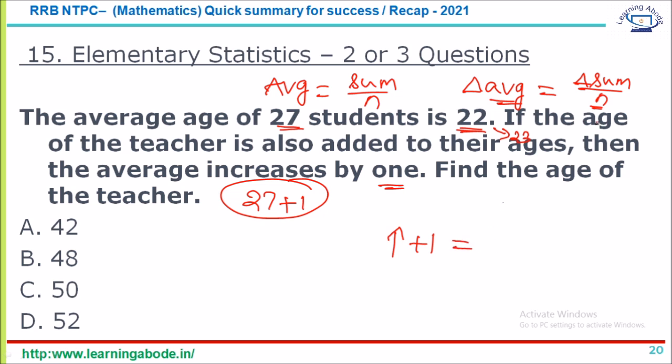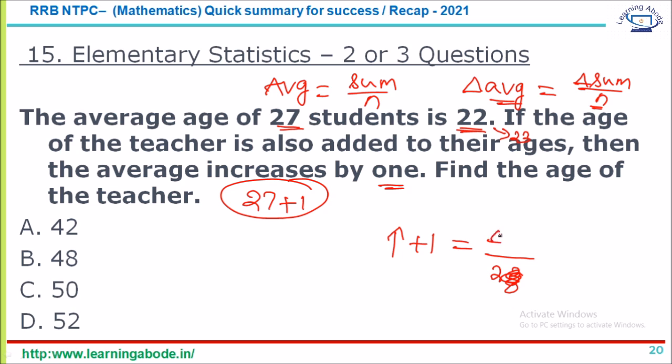And what is n? I'm sorry, n is 28. 27 students plus the teacher, 28.